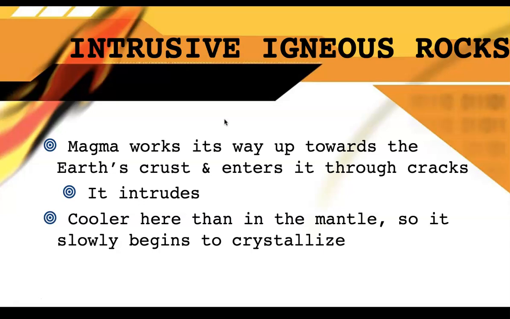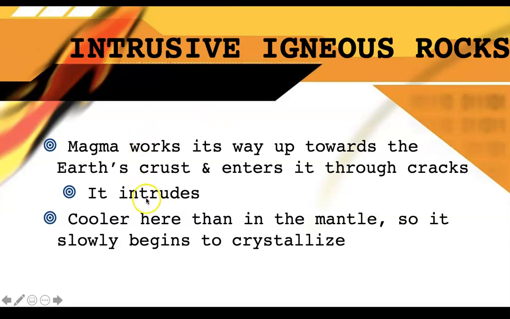So, intrusive igneous rocks. Magma works its way up towards the Earth's crust and enters through cracks. The crust is old, right? We know about plate boundaries, and gosh, there's all kinds of other cracks all over. You've heard of earthquakes and stuff, right? So the crust is old and cracked. That magma in the mantle, it's under pressure. So wherever it can find a way to ooze in, it does.